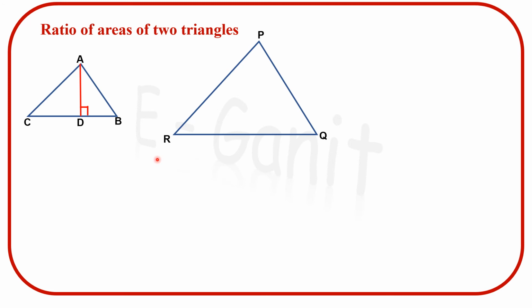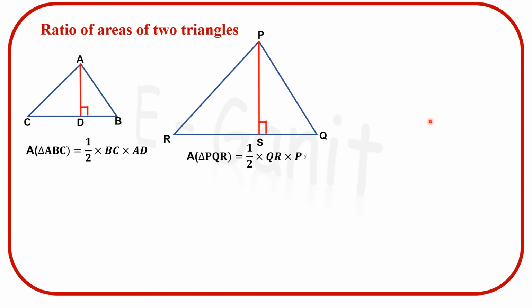In triangle PQR, QR is the base, then the height is PS. Now area of triangle ABC is equal to half into BC into AD. Similarly, area of triangle PQR is equal to half into QR into PS.